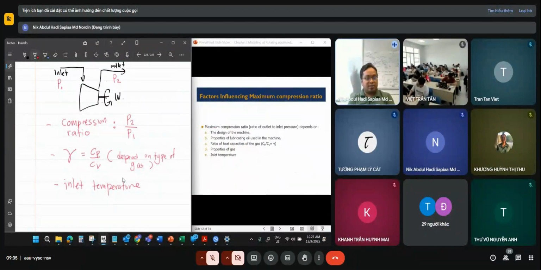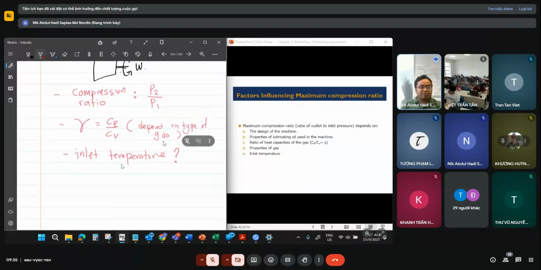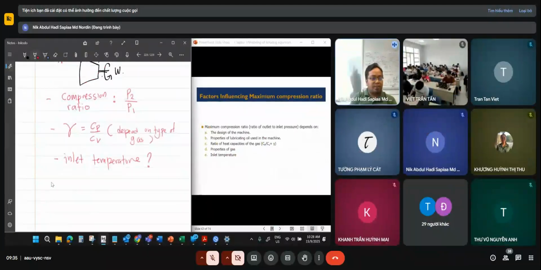So first, let's focus on this term, inlet temperature. Why is it necessary? Just to highlight on this, let's recall our ideal gas law.